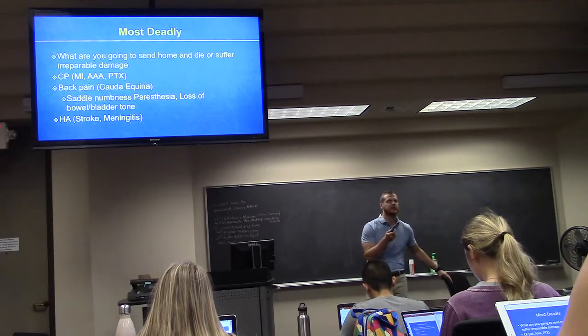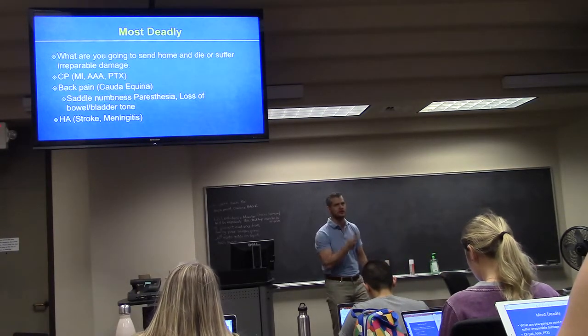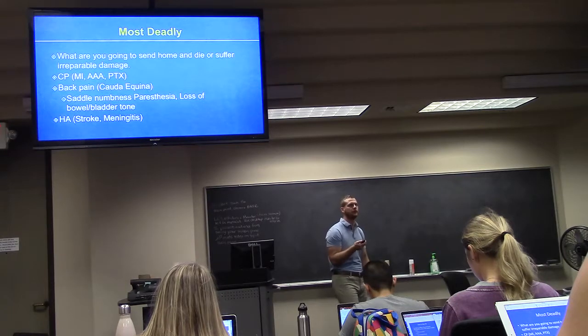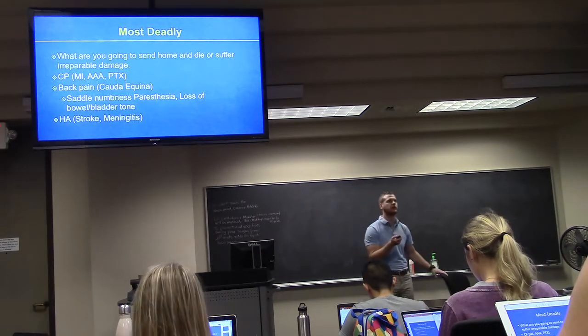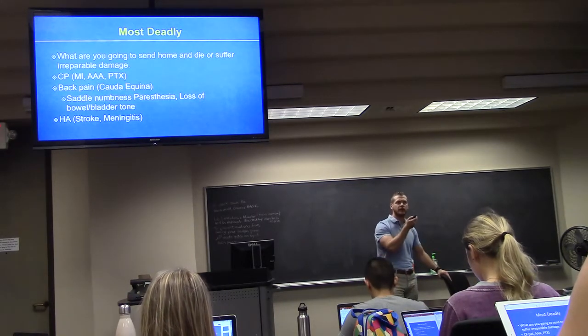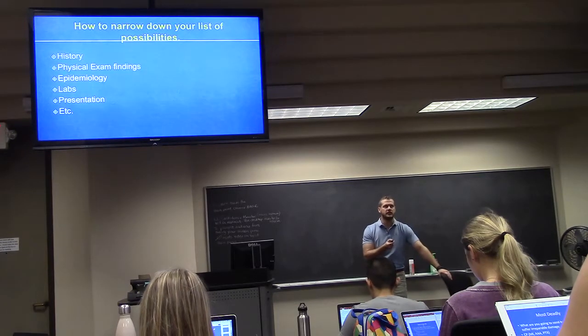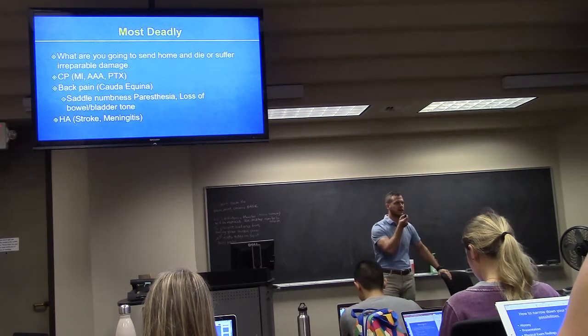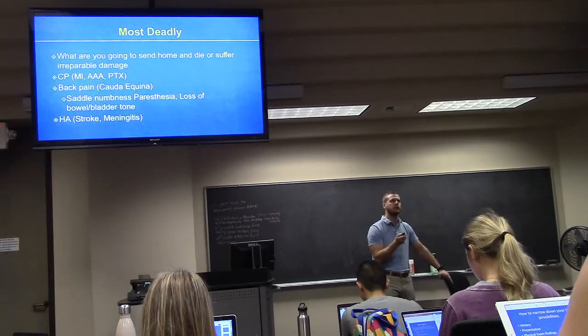So saddle numbness, paresthesia, loss of bowel, bladder tone, all of this should be a review. If it's not, let me know. We can discuss it in more detail. Headache, stroke, meningitis. This list is obviously not inclusive, just brief things we're talking about.